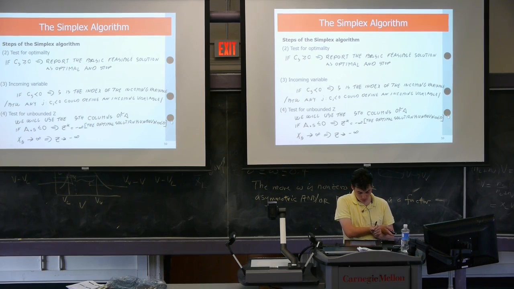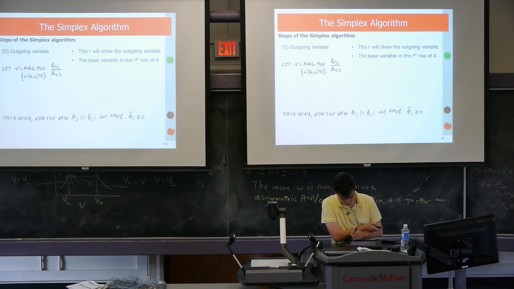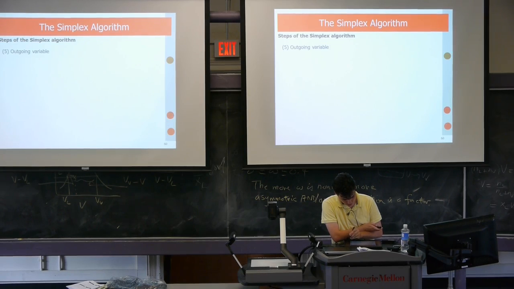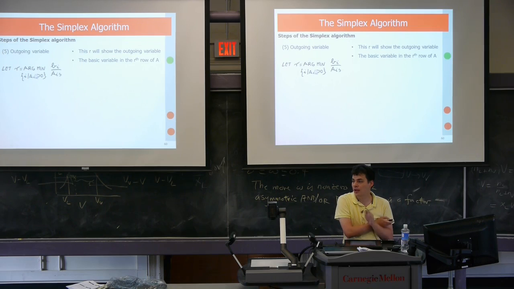However, if there are positive components, then you calculate this ratio here. That is, the minimum of BI over AIS, where AIS runs only among the positive numbers in the S column.